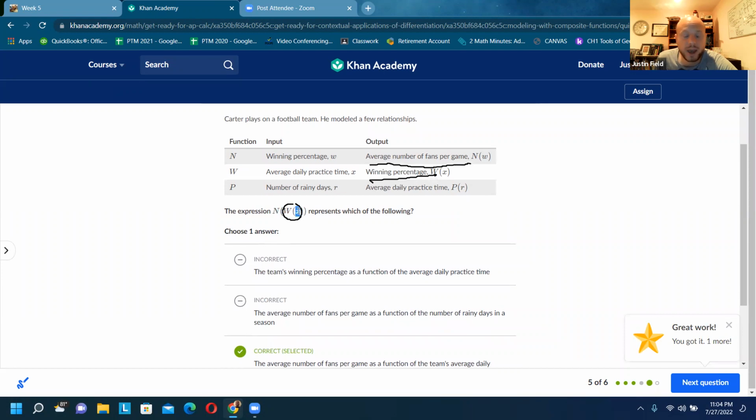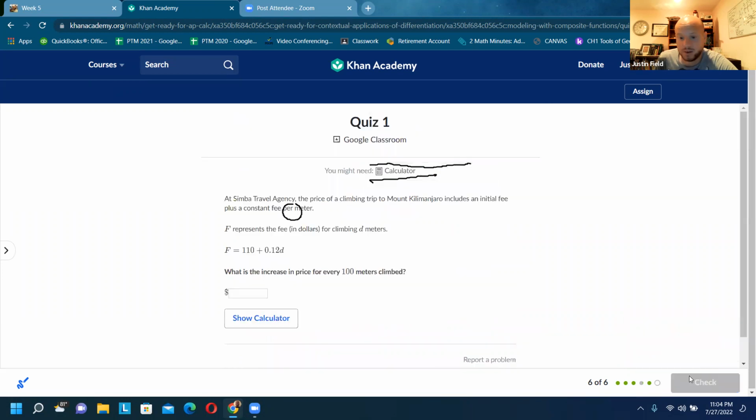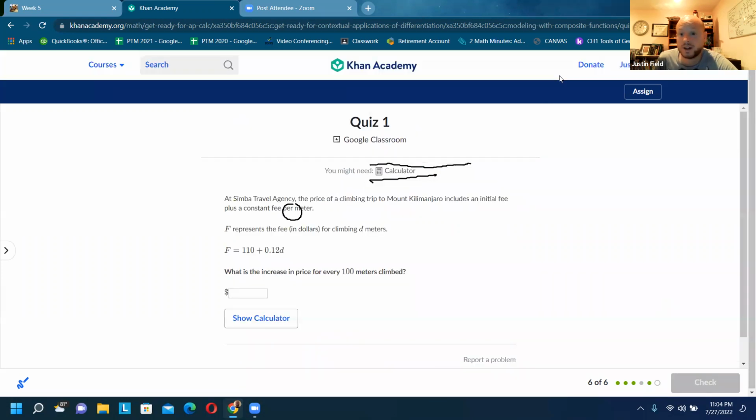And so it is based on that, even though it does go through the W, the winning percentage, but that is not the independent variable. I'm not gonna lie, that was tricky, wasn't it?